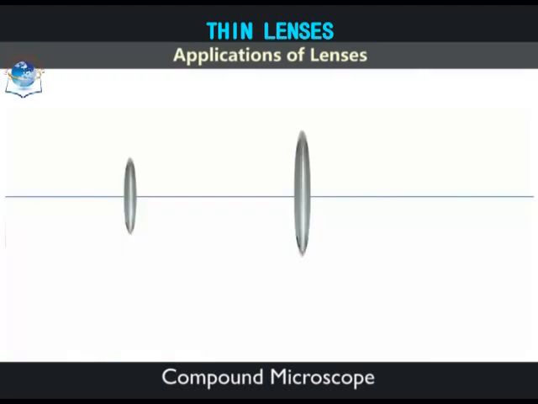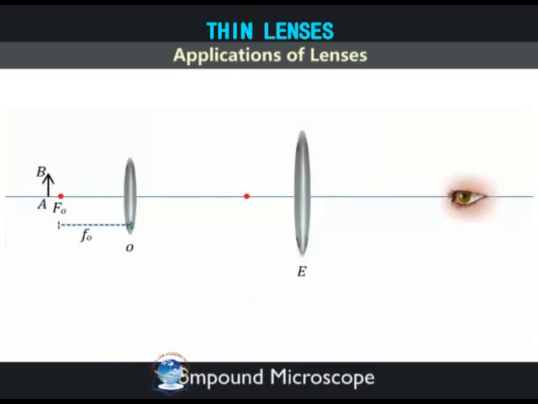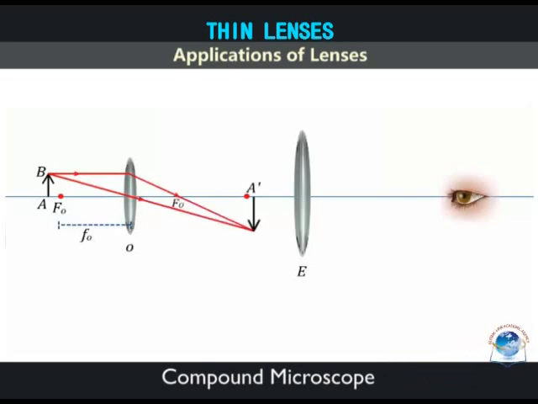A compound microscope comprises 2 convex lenses, the objective and the eyepiece. The objective lens has a small focal length and a small aperture, while the aperture of the eyepiece is larger. For an object AB placed at a distance just greater than the focal length of the objective f0, when light rays from the object are incident on the objective lens, the objective forms an image A'B', which is real, inverted, and magnified.